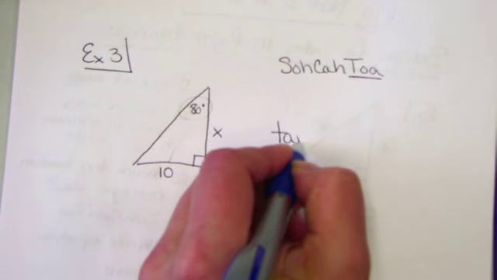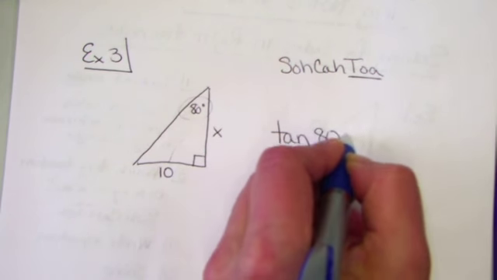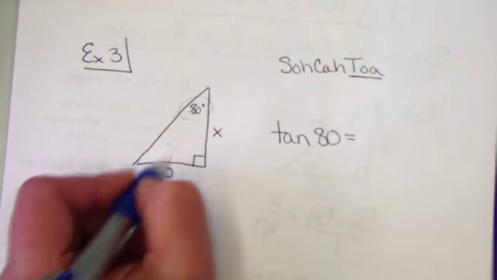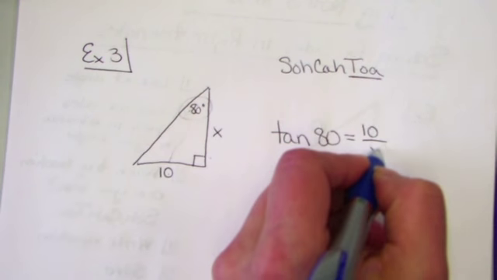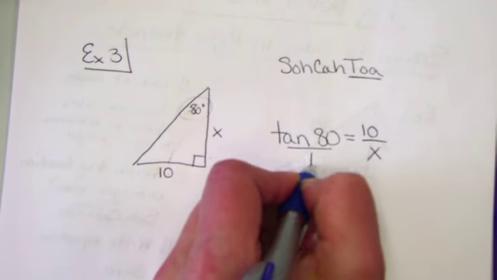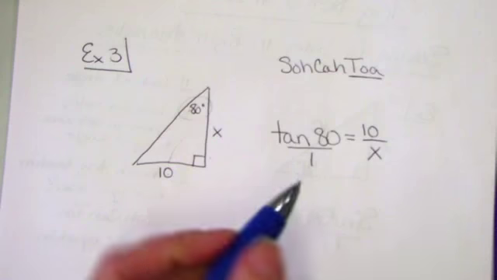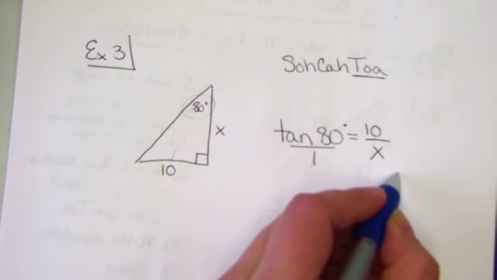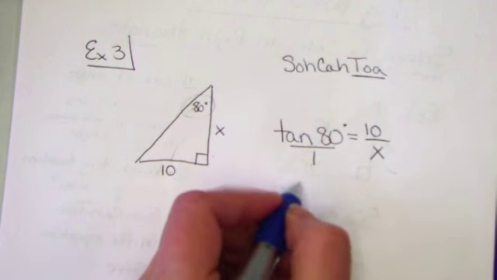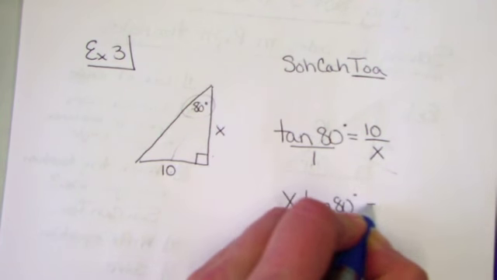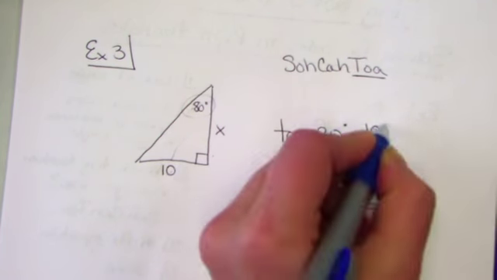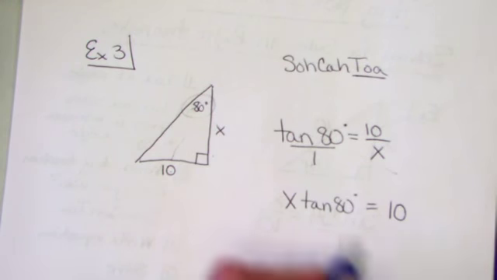So the tangent of my angle is equal to the opposite side, 10, over the adjacent side, x. I'm going to put the tangent of 80 over 1, and I'm going to cross multiply. X times the tangent of 80 degrees equals 10 times 1.